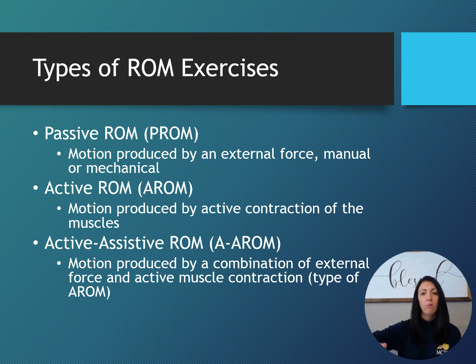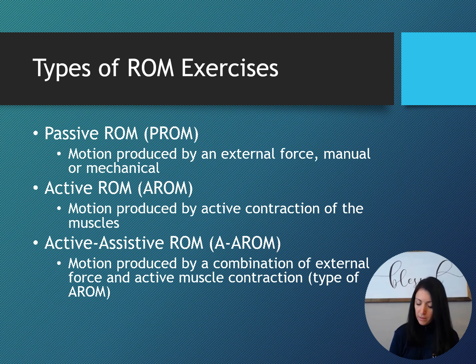You're sliding on the table with a towel. That towel is helping with that range of motion and that mobility, so that would be an active assisted range of motion exercise. It says mechanically, so that could even be continuous passive motion, and you can incorporate active assisted range of motion with that as well.